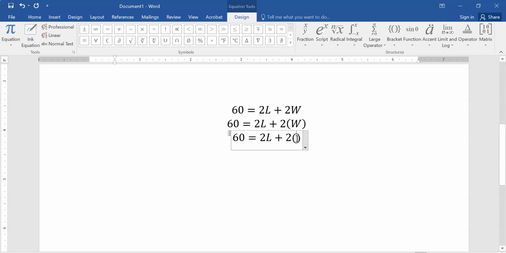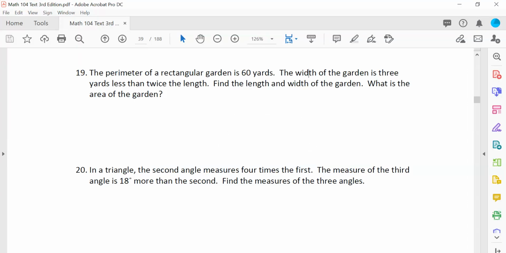Specifically, the width is 3 yards less than twice the length. So the width, W, I can replace with twice the length minus 3. So 3 yards less, that's a minus 3. Twice means multiply by 2. So 3 yards less than twice the length is 2L minus 3. Hopefully that makes sense.